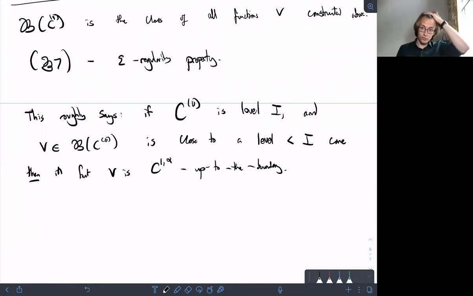And the thought process should be that if you take such a blow-up of a level 1 cone, which is close to a level 0 cone, and translate this back to what this means for the sequence of varifolds, it means that the varifolds are decaying to a level 1 cone, but they're actually much, much closer to level 0 cones. And under that assumption, you want to prove that the varifolds are actually perturbations of those level 0 cones as opposed to the level 1 cone.